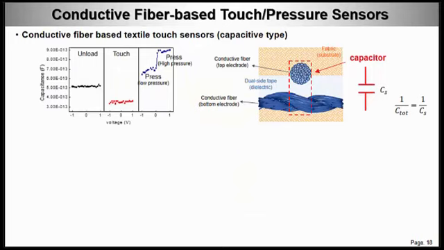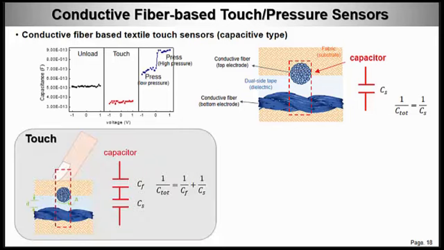In the unloaded state, without any applied pressure, as explained in the previous slide, the capacitor is formed with the conductive fiber as electrode and dual-side adhesive as dielectric. But when a finger touches the surface of the sensing point, another capacitor is formed since human fingers are electrically conductive and fabrics are dielectric as well.